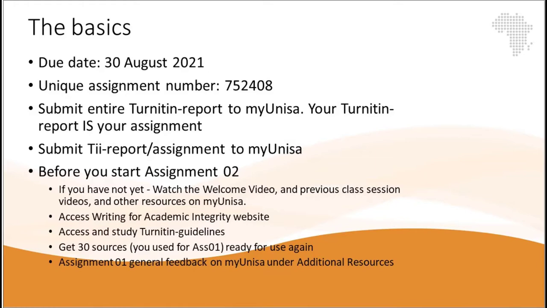Make sure you get the Turnitin guidelines under additional resources on MyUnisa, and also in various other places like your 101 and your 301. And ensure that you also have your reading from assignment 1 ready again. Those 30 reserved sources, you can read a little bit wider, we'll get to that later, but have those ready before you start, because they will again be probably the most important reading for this assignment.